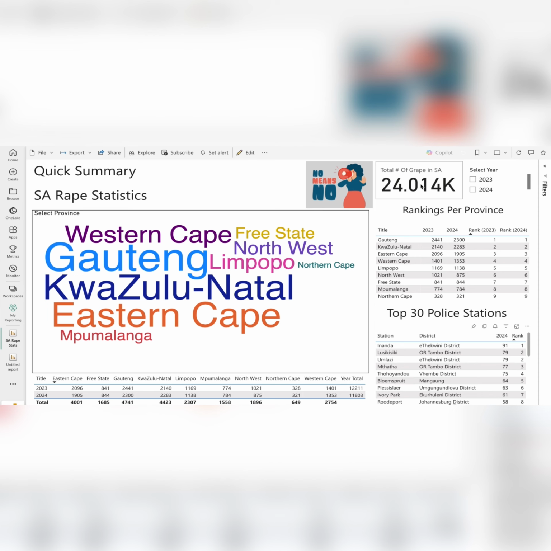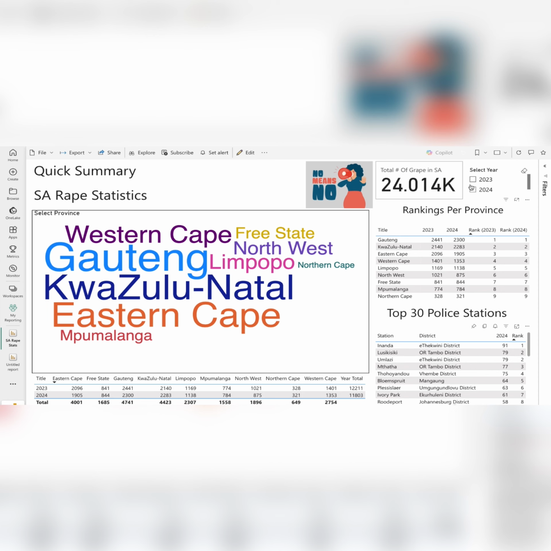Well, when I say total number, I mean rape incidents that were reported. These numbers we're getting directly from the South African Crime Stats released by the SAPS. Right, so that's the number.